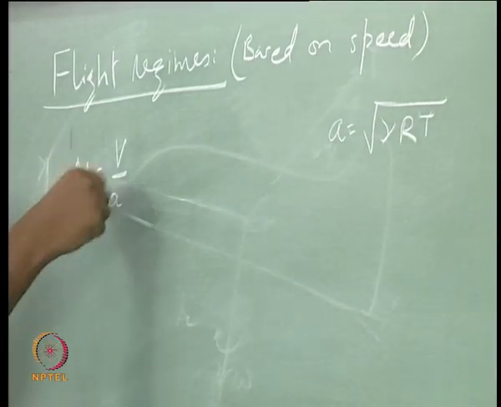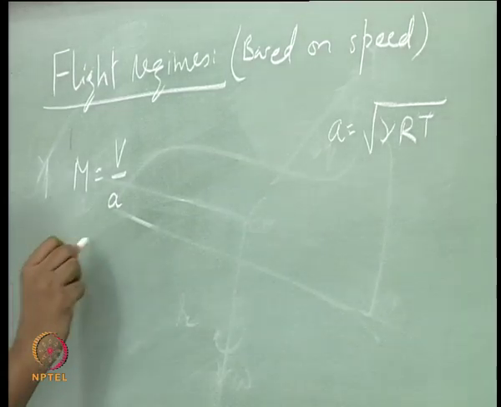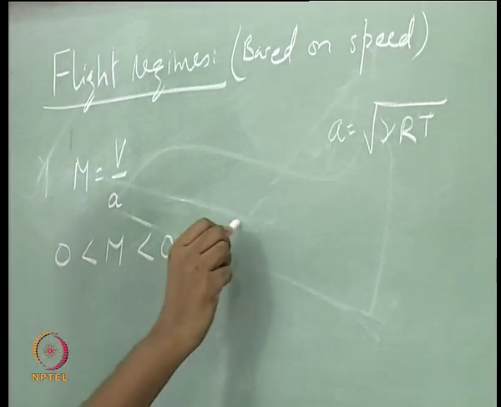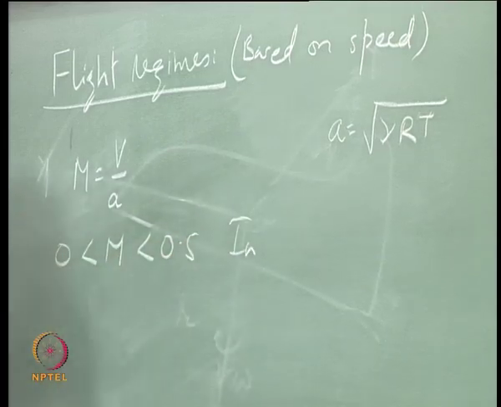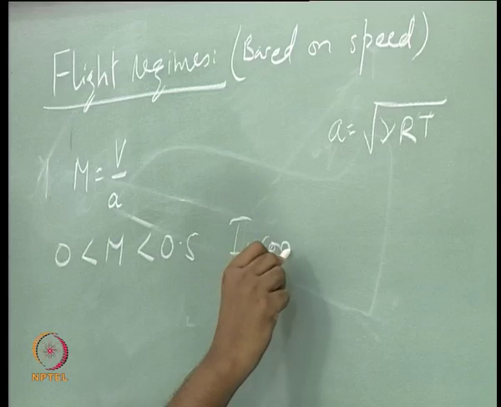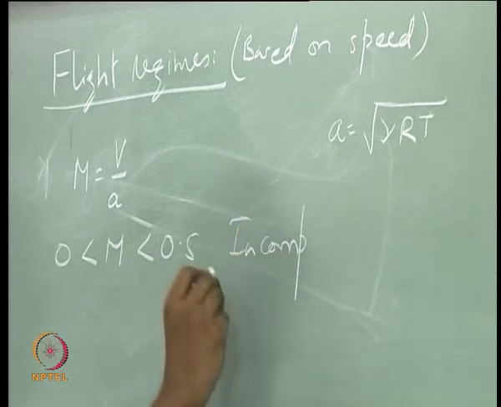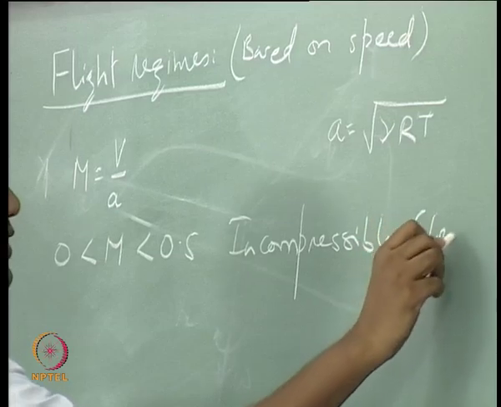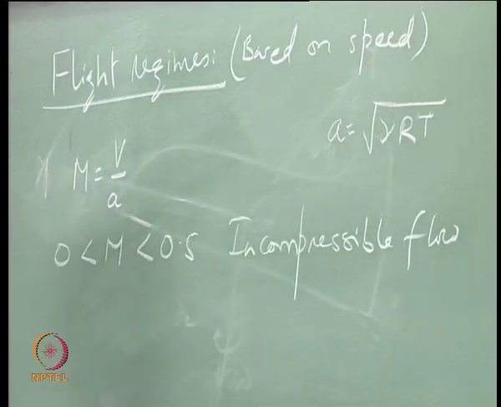So, if you talk about this 0 to 0.5, if you want to operate your aircraft only in this flight regime, then the choice of airfoil should be different, because the flow in that case is incompressible.